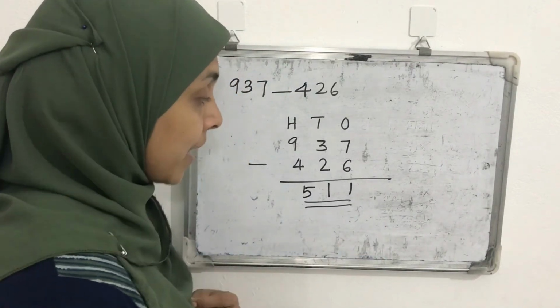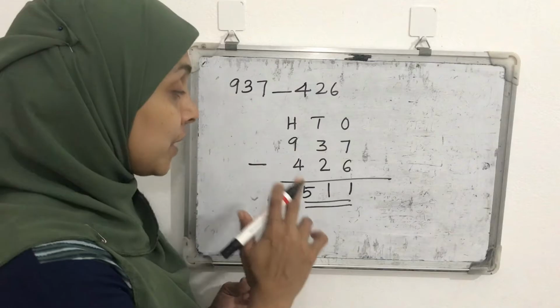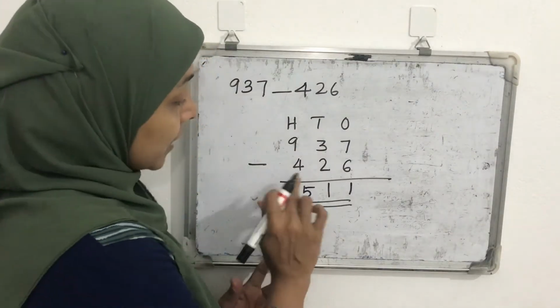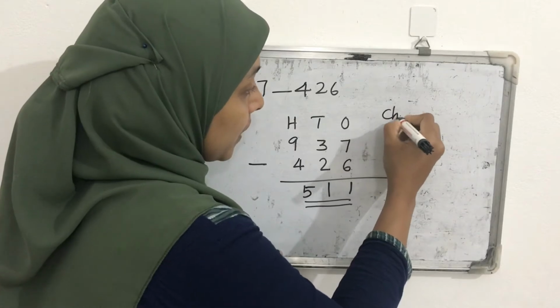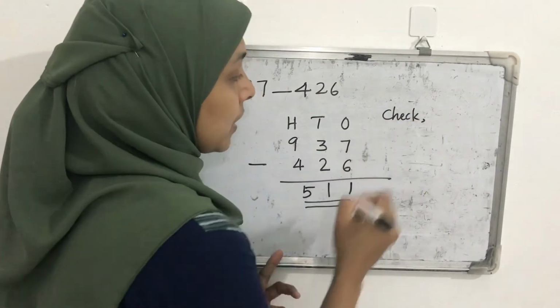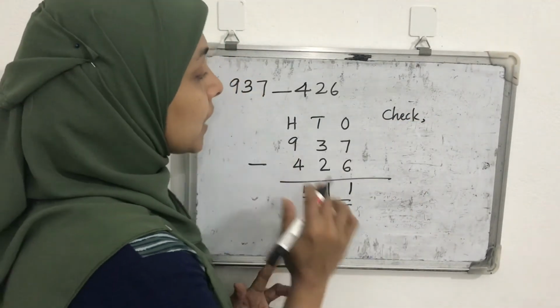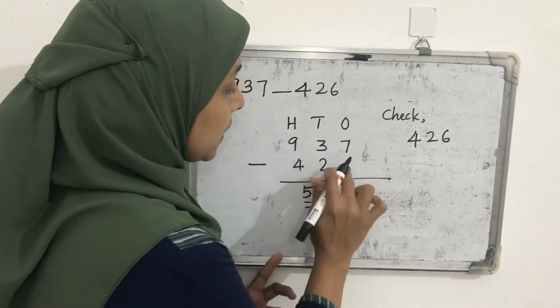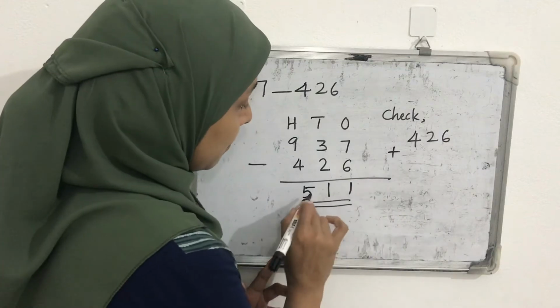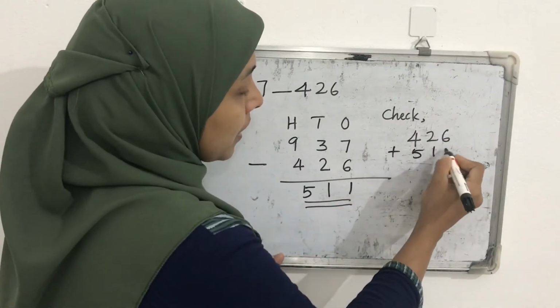Now we can check whether our answer is correct or not. Which numbers do we want to add? The second number, 426, plus the answer 511.